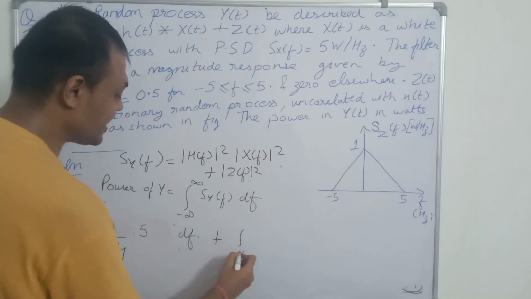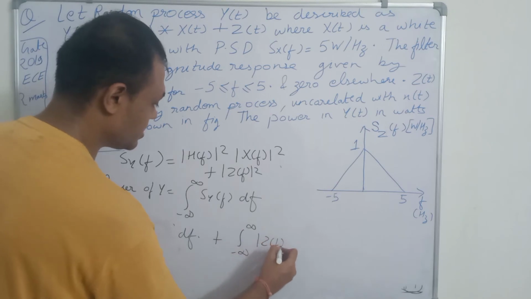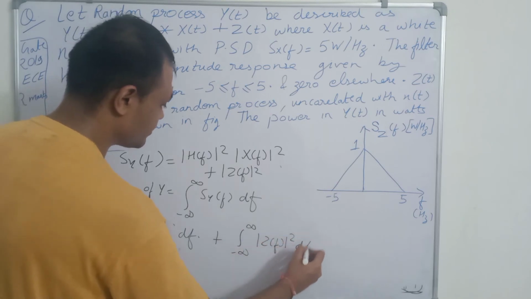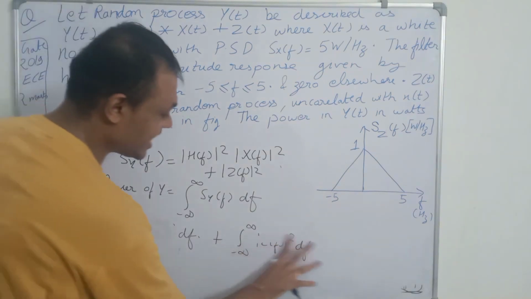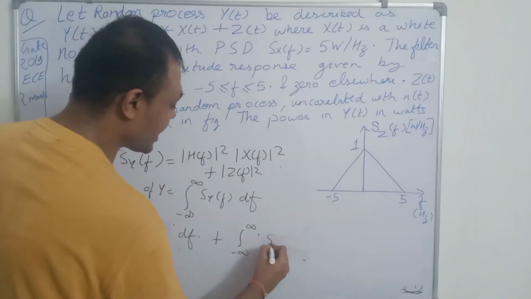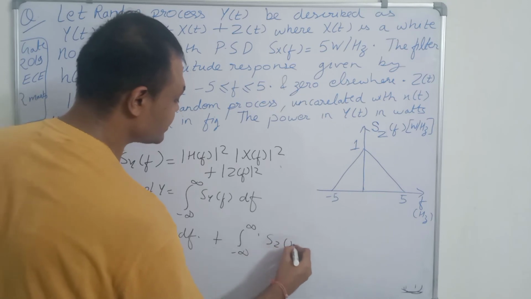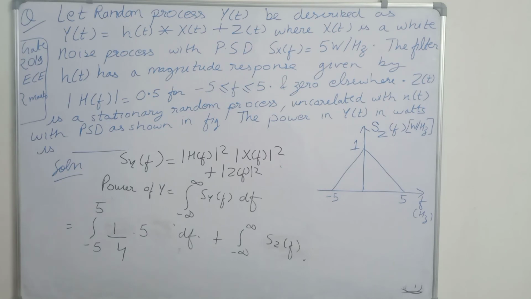Plus the integral from minus infinity to infinity of z of f whole square df. This is equal to Sz of f df, because the square of the transform is equal to power spectral density.